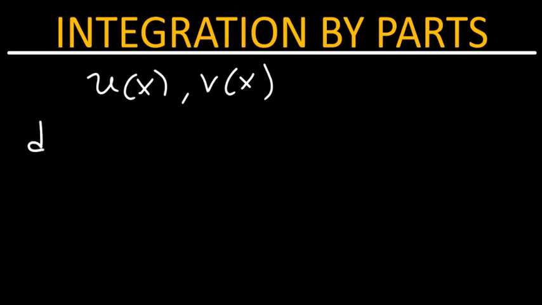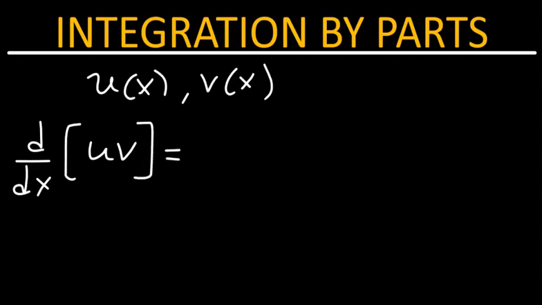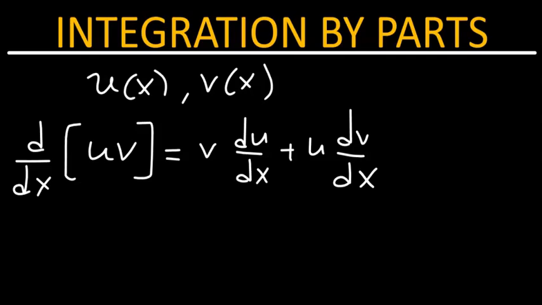Now let's assume that we want to differentiate the product of uv. Using the product rule, we can write this derivative as v du/dx plus u dv/dx. Now let's integrate the above line with respect to x.